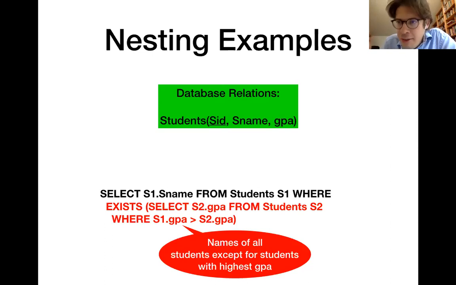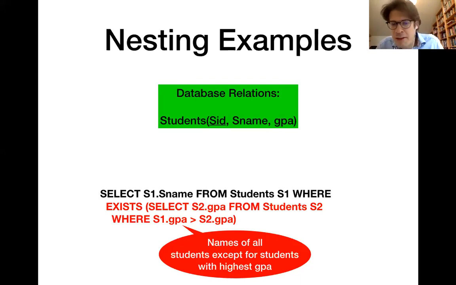That is what the exists keyword is doing. There exists some result. And for a fixed student in the outer loop, in the inner query, I'm iterating over the students again, and I check whether there is another student who has a higher GPA. And if such a student exists, then the outer loop student will be included into the result set.